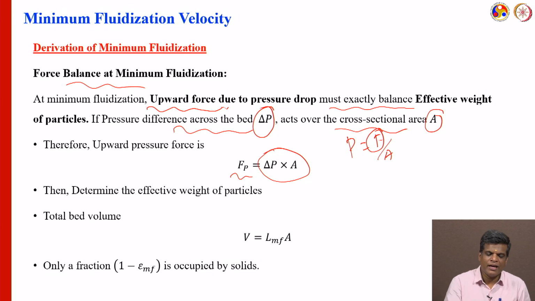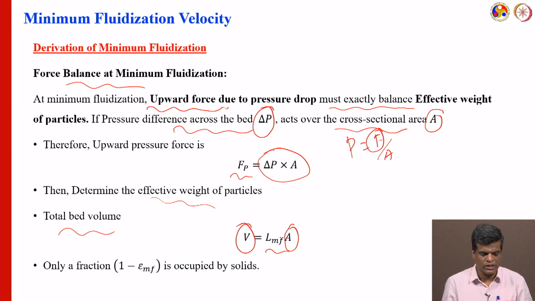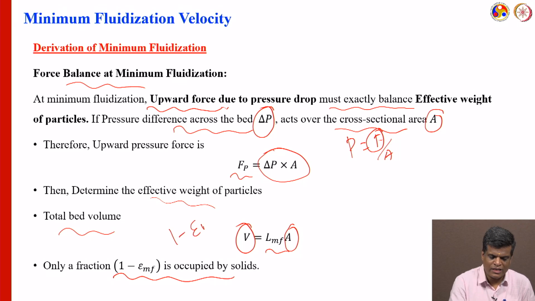Now to determine the effective weight of the particles, we have to find the total bed volume. V is the total bed volume, with LMF the minimum fluidization length, times the cross-sectional area A. Then the fraction occupied by solids is 1 minus epsilon mf, the minimum fluidization porosity.